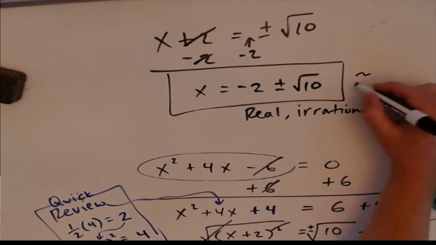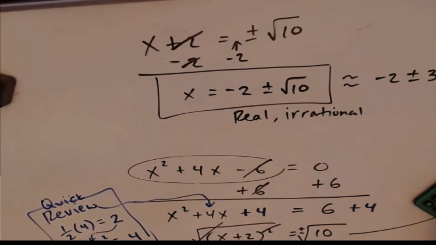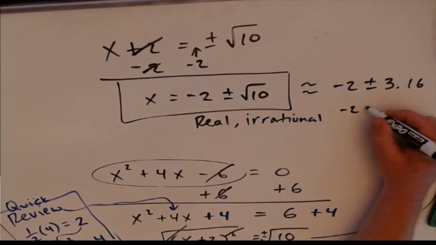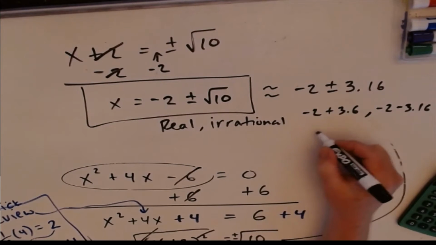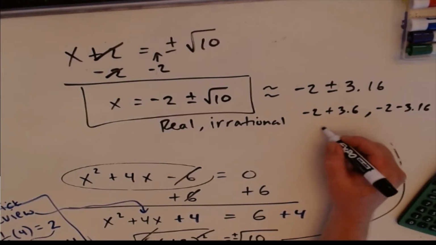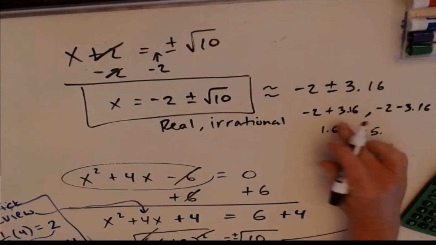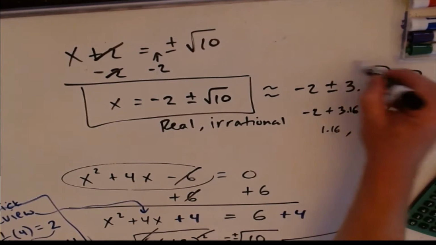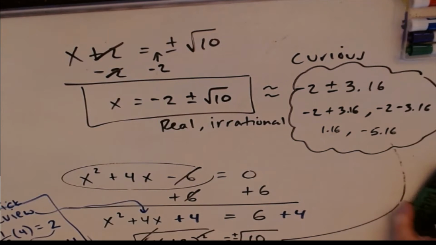So this would be approximately -2 plus or minus 3.16, which would be -2 + 3.16 or -2 - 3.16. So you get 1.16 or -5.16. This is just if you're curious about where it is.